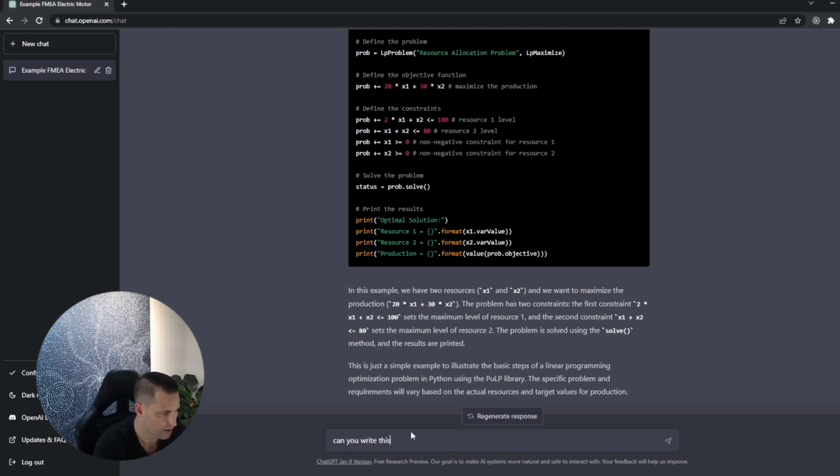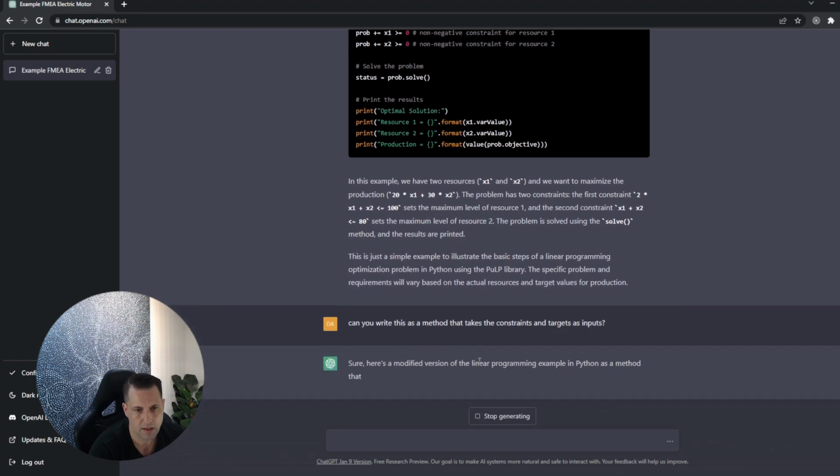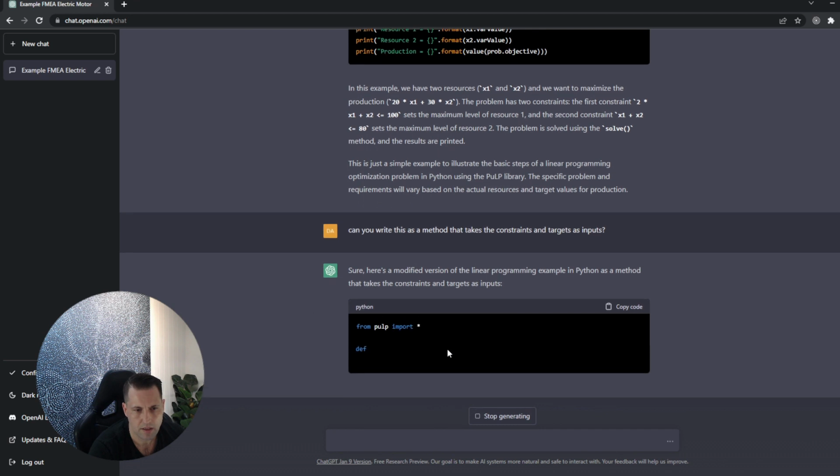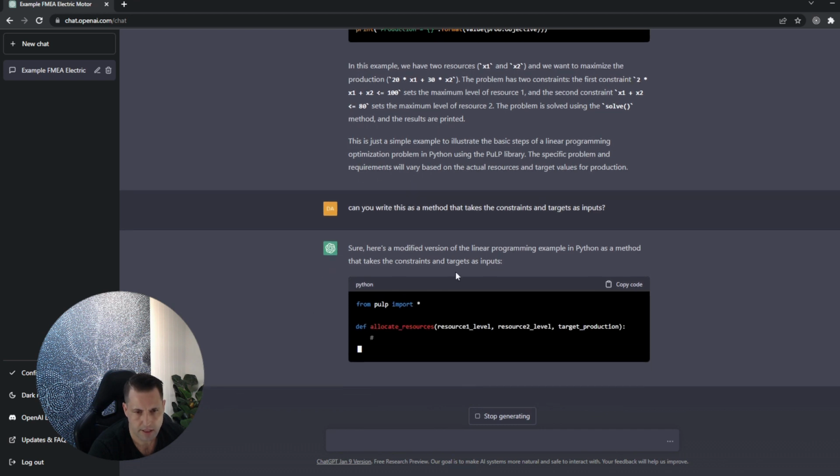Can you write this as a method that takes the constraints and targets as inputs? Okay, so it's going to do the same thing. It's going to modify it.